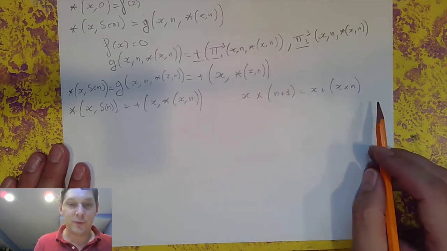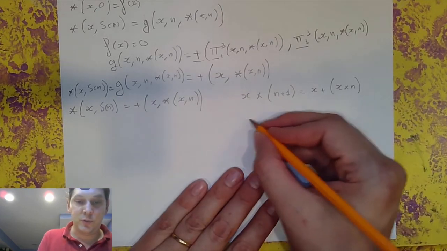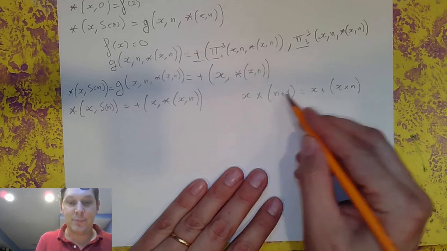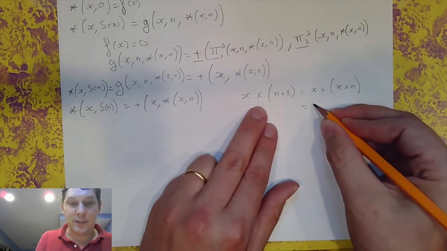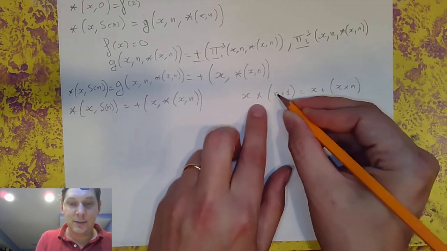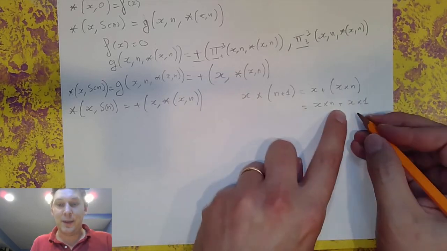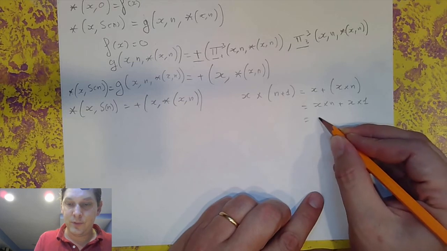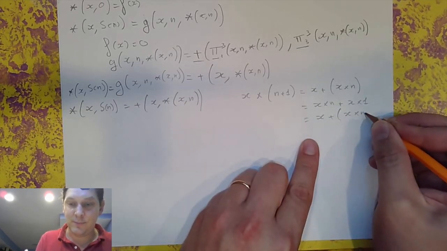If you do x times n plus 1, if you develop that, you get indeed x times n plus x times 1, so x times n plus x, in other words, x plus x times n.